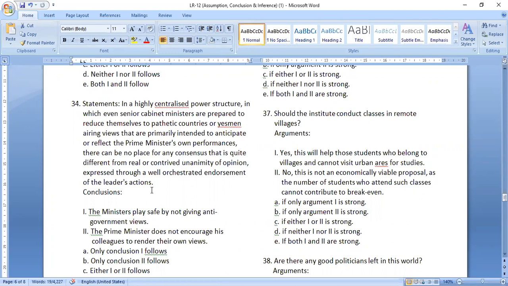Okay, so the ministers play safe by not giving anti government views. The Prime Minister does not encourage his colleagues to render their own opinion. Both, sir. Both. Okay, any other answer?